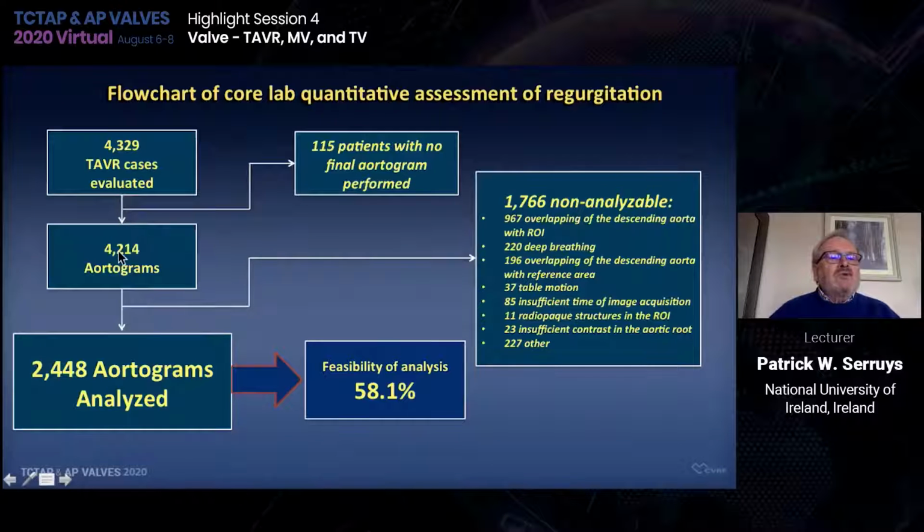Among these, 4,214 aortograms without a prospective acquisition protocol, a sizable number were non-analyzable because of overlap of the descending aorta with the region of interest, the outflow tract, deep breathing, overlapping of the descending aorta with the reference area, some table motion, some insufficient time of image acquisition, some radiopaque structures in the region of interest, and some really insufficient contrast in the aortic root.